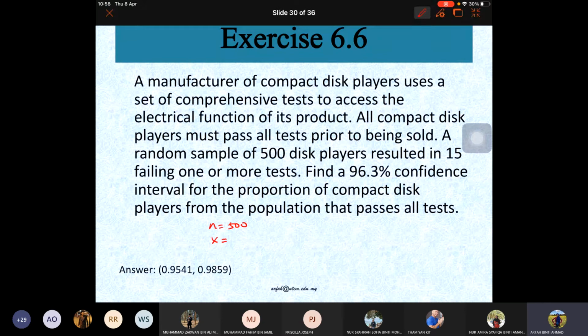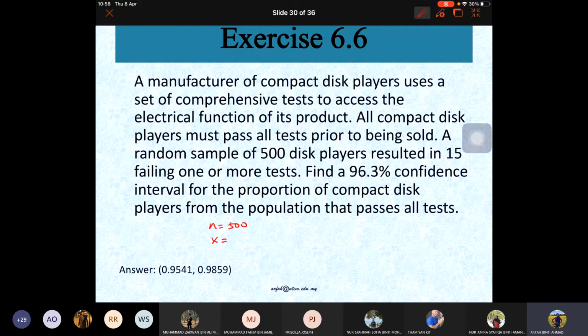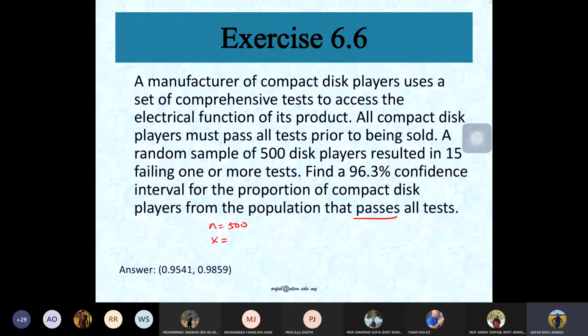Okay. Betul. Sebabnya dia tengok soalan ni, dia kata find 96.3% confidence interval for the proportion of compact displayers from the population that passes. Okay, so X yang kita berminat is passes the test.